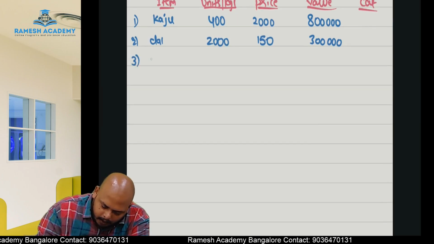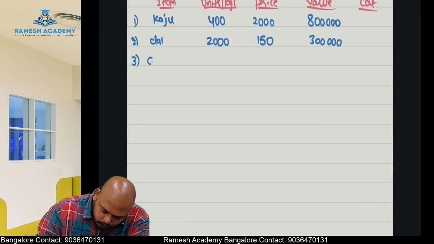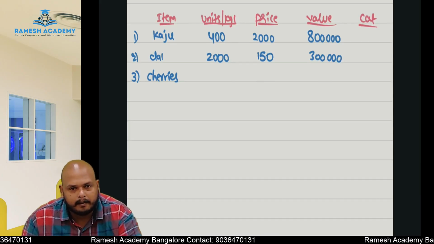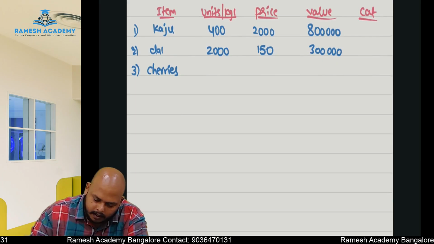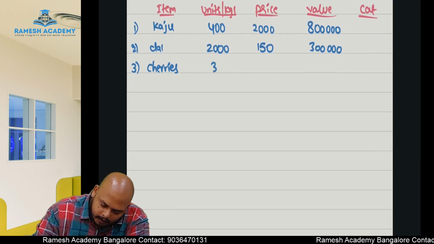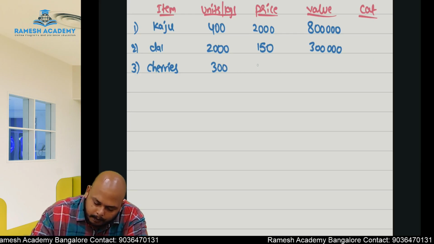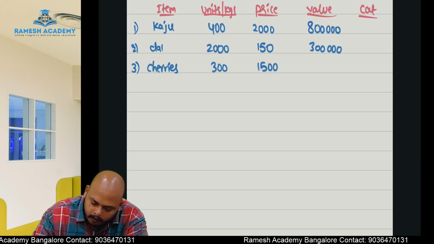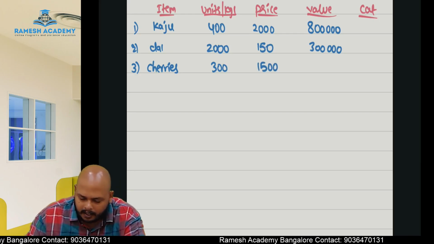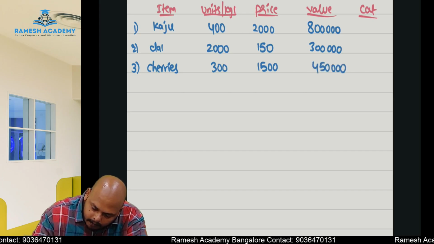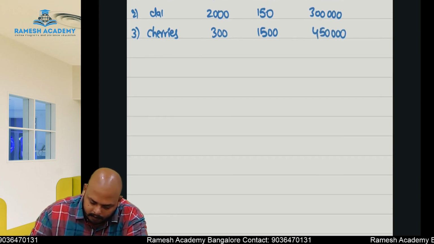Third item, let us take cherries, the red color cherries. Cherries is 300 kgs. The price per kg is 1500. That is nothing but the value of 4,50,000.